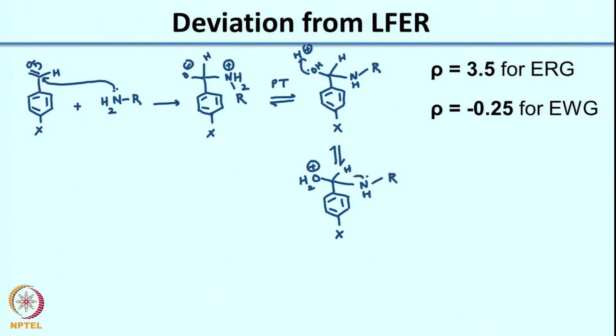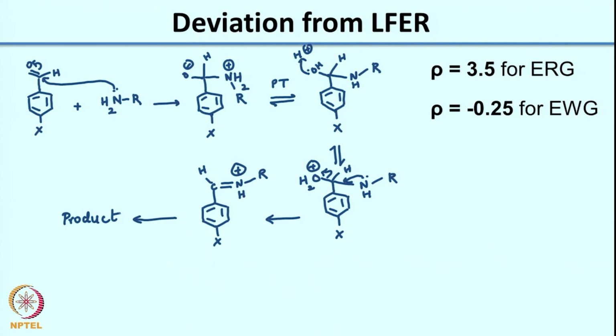And then you can have water leaving to give you this charged intermediate, and once you have this charged intermediate, again it can lose a proton to give you the product. So, this is the mechanism for this reaction.